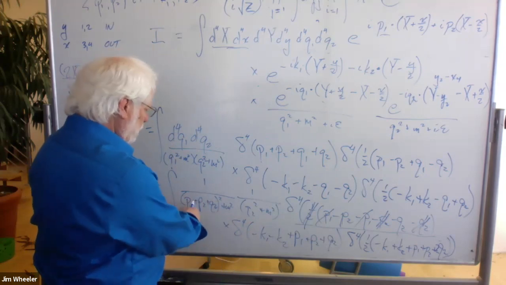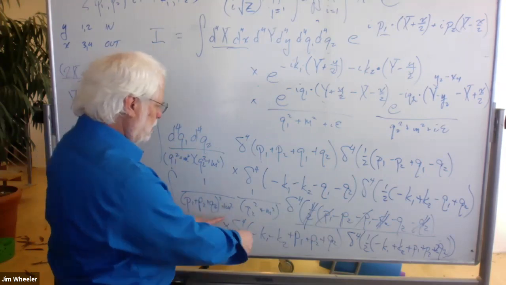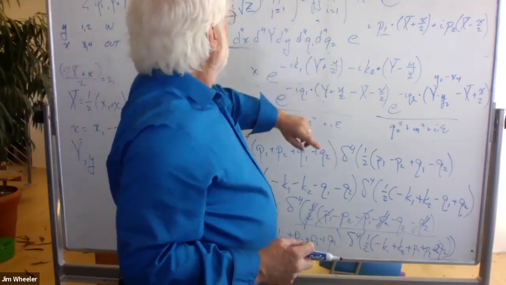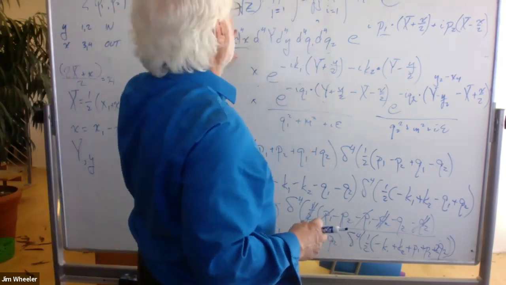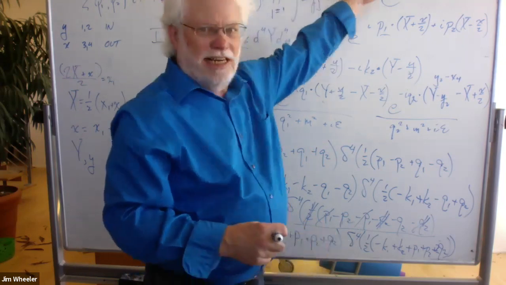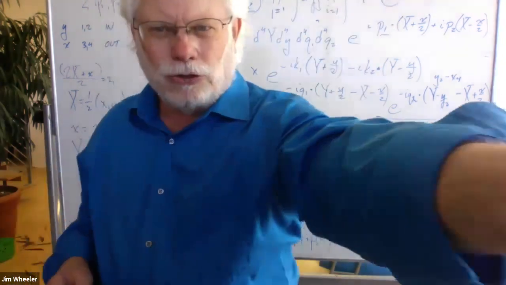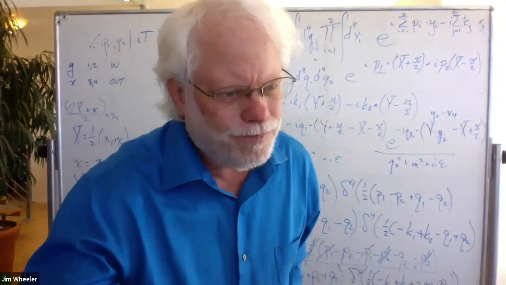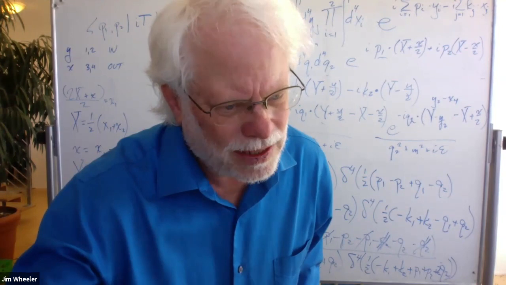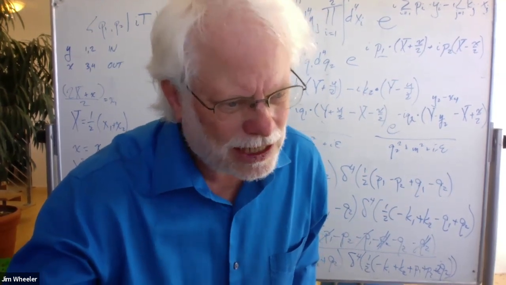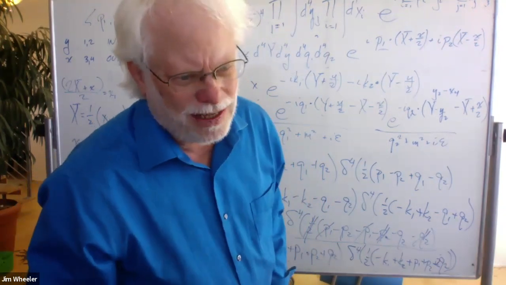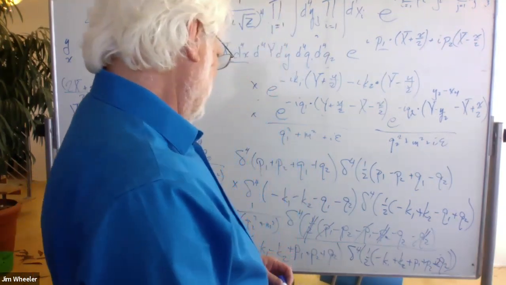So these propagators become a P1 squared plus M squared and a P2 squared plus M squared, which are going to cancel the factors I didn't write up here from those wave operators. Then what are we left with? We actually are left with 2 delta functions here. So I'm not actually that far off. I'm off by some 2s.